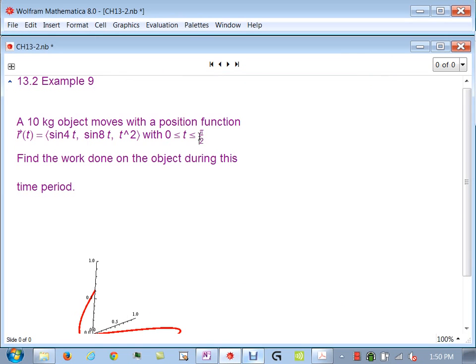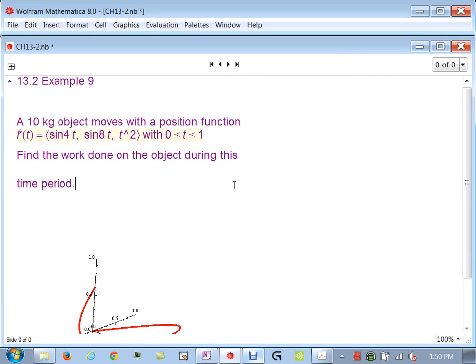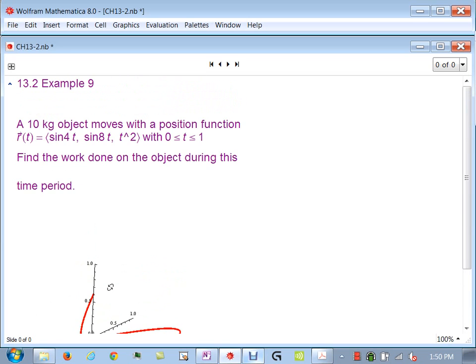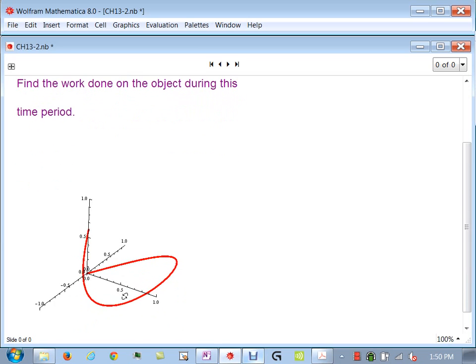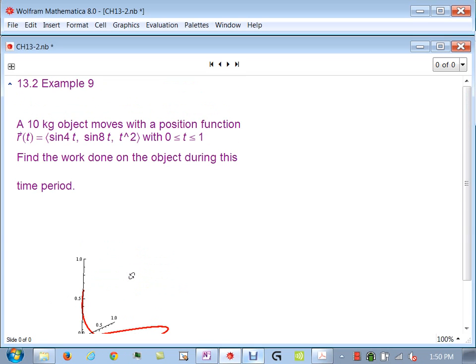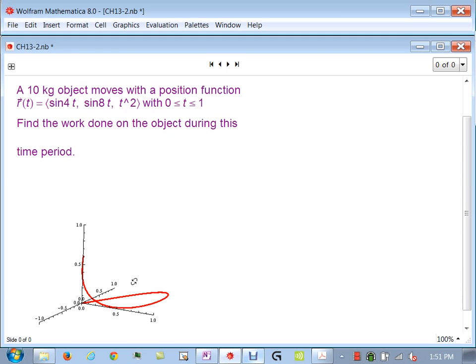And I want to change t from 0 to 1. Okay, so this is the path right here. Some 10 kilogram object is moving along this path in three-dimensional space. Find the work done on the object during this time period. So here's a couple of things we need to be clear on before we do this problem. We are not assuming that this object is living on Earth and that it has gravity acting on it or anything like that.